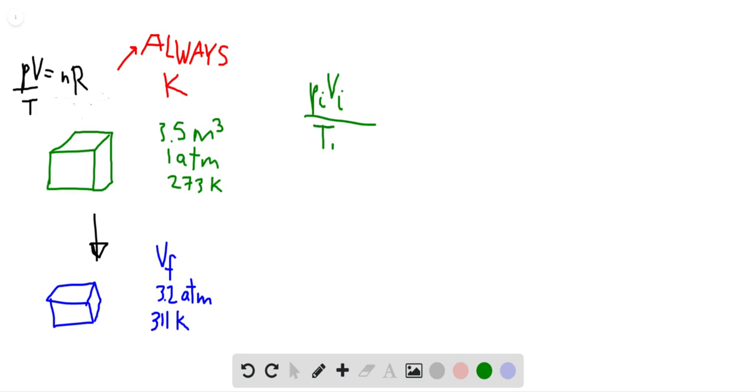PV divided by T is equal to nR. Now that also holds true of this. In the final conditions, nR is also equal to PV over T. And now you can understand why we're not going to need to know the number of particles, because we will use this side of the equation and make it equal to this side of the equation.